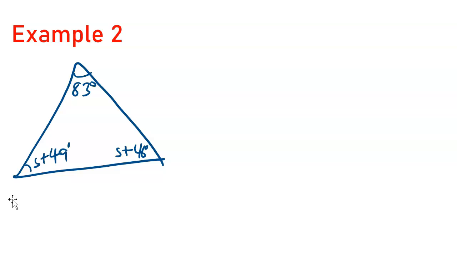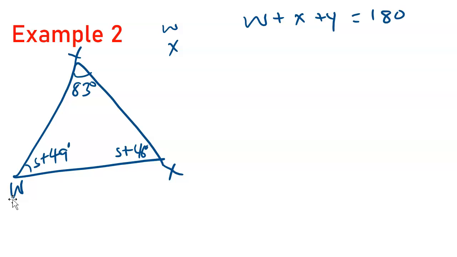This time let's label the angles W, X, Y. We want to find what the values of angle W and angle X are. The theorem is that all the angles of this triangle, angle W plus X plus Y, all add up to 180 degrees.